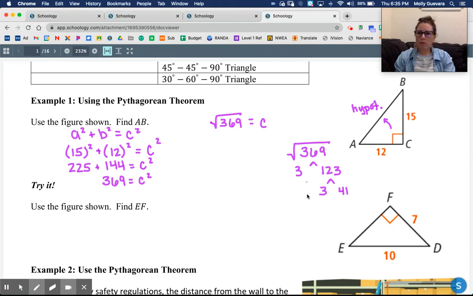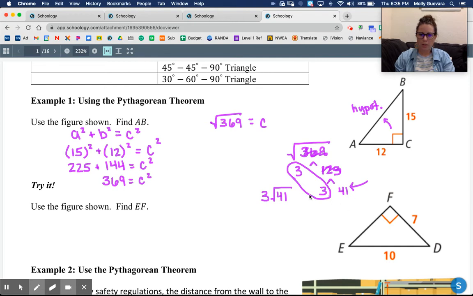And what I'm looking for is a pair of numbers. So here is my pair of numbers. That means I can take one of those out, so I can take one 3 outside of the square root. And the only number that's left is 41, so that number stays underneath. Once you break a number down, you don't need it anymore.